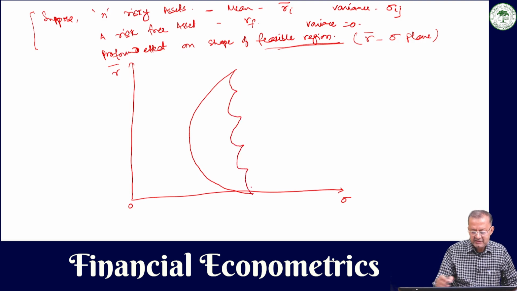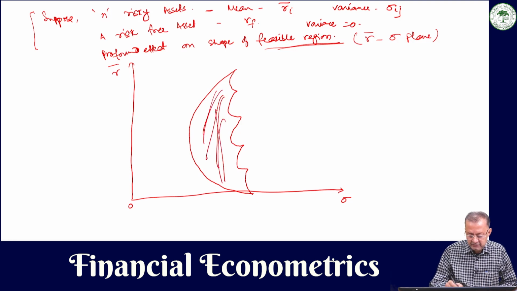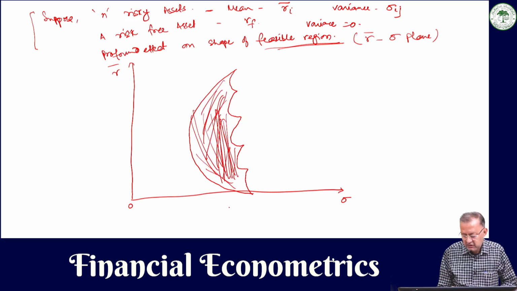So different assets are there in this feasible region. This is the dark shade. So now, profound effect on the shape of the feasible region. When all the n risky assets are there, the feasible region is this, that we have already determined earlier.